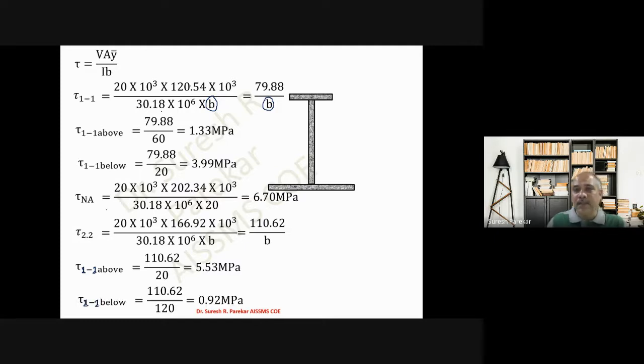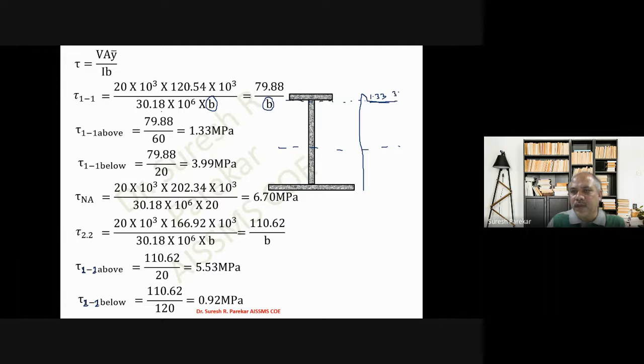Now if we plot it, we have this as 1-1. If I plot this shear stress distribution diagram, somewhere here is the neutral axis. At this level we have two values: one is 1.33, another is 3.99 here only.